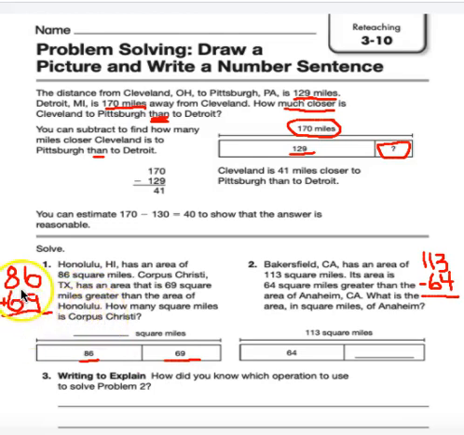Now, I love to show my work. I'm a pencil and paper girl. So over on the side, I'm going to vertically do my problem, which you guys are welcome to do. 6 plus 9 is 15. This problem's going to take a little bit of regrouping, so I need to regroup.